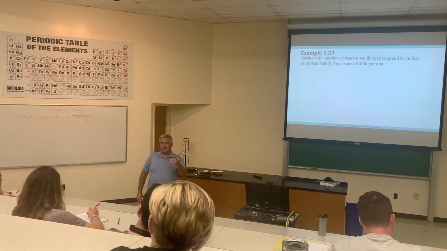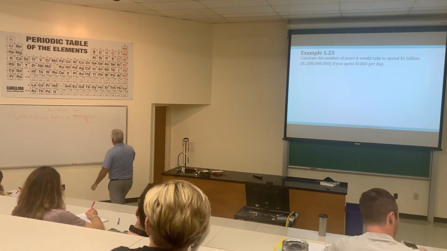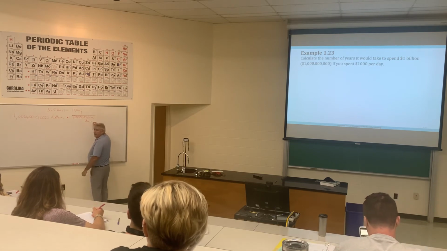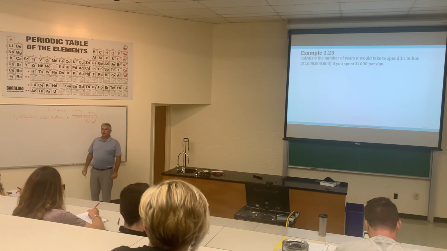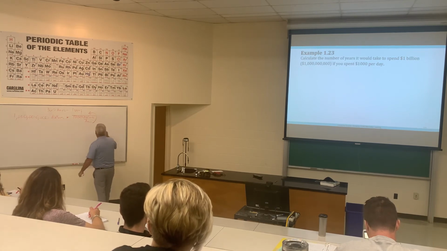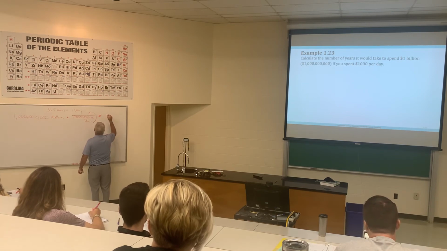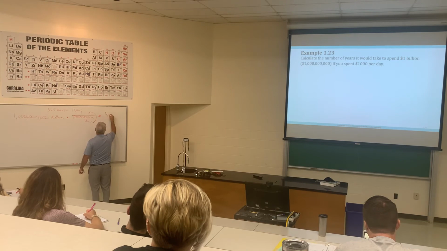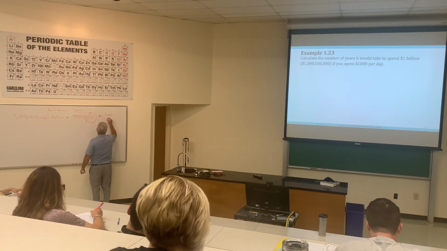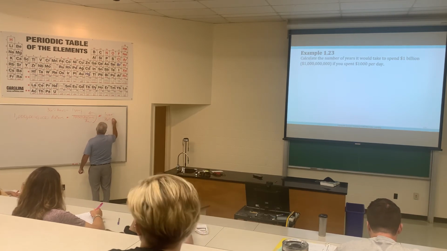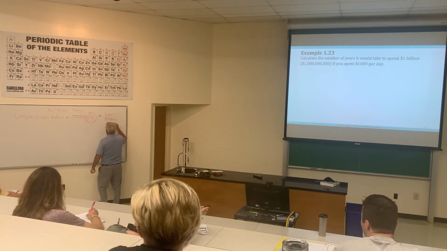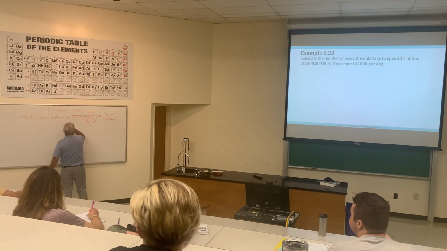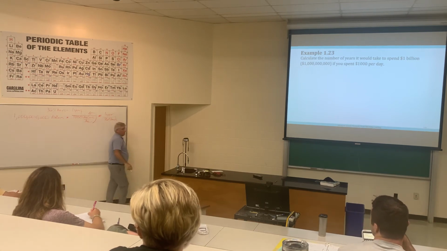Because I wrote the units out and I got them upside down. Now what happens to the day, which is on the bottom down here? Right, you with me? And so then times what? Times 1 year divided by 365 days. And so now my days cancel, my dollars cancel, and I have the number of years.